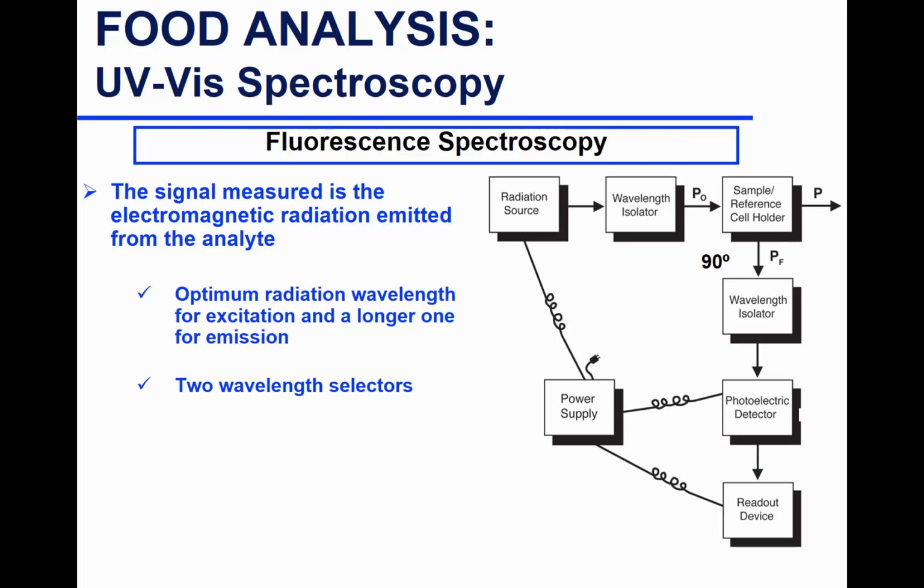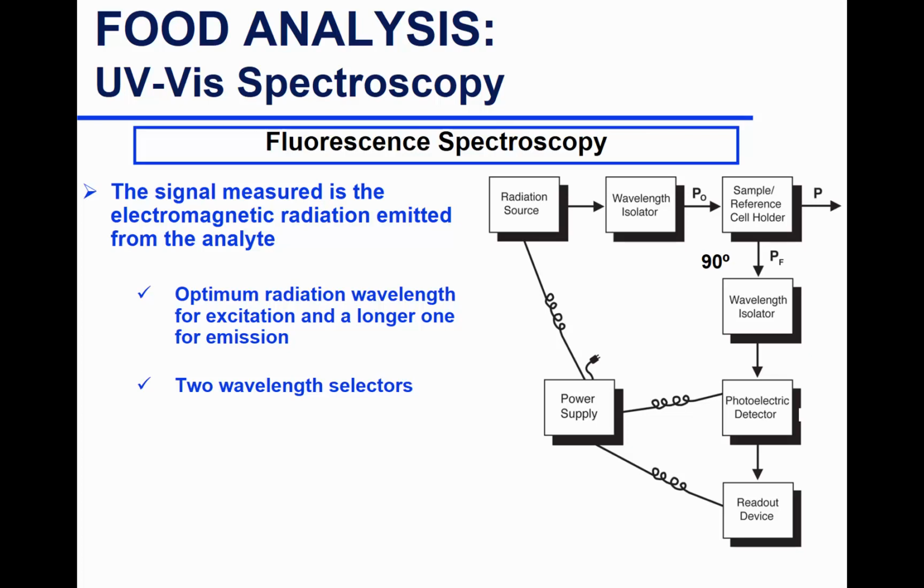Fluorescence spectroscopy is similar with a little bit of a shift in the makeup of the instrument. So you do have a radiation source. You do have a monochromator, we call it the wavelength isolator, which selects the wavelength at which you're going to excite your sample. And then you have the transmitted light, which we don't measure. That's the first question in the lecture. We do not measure transmitted light in both absorption and fluorescence spectroscopy. So incident beam, transmitted, we don't measure that.